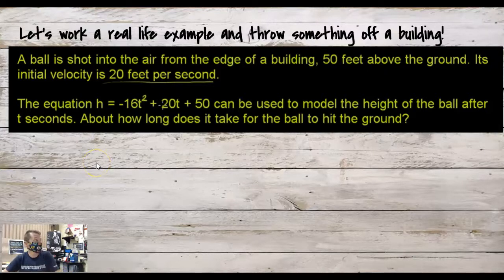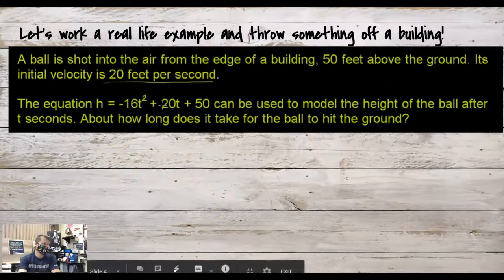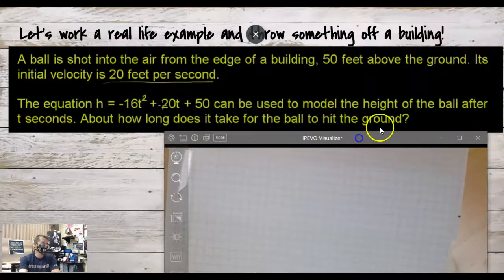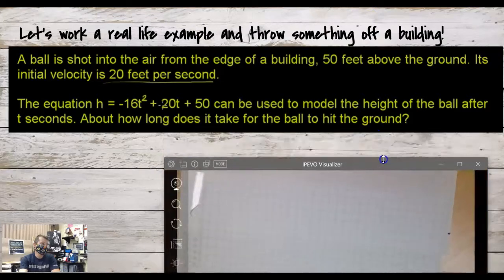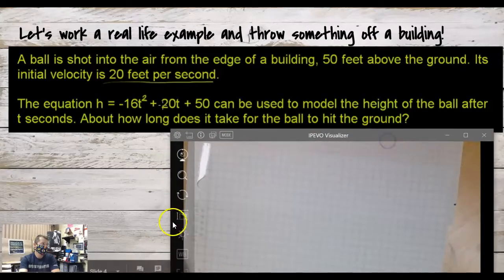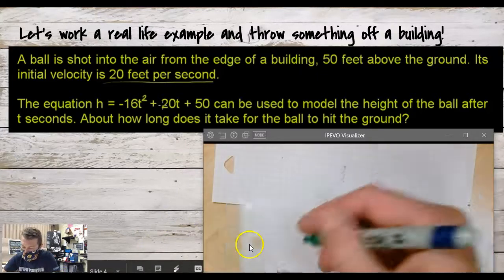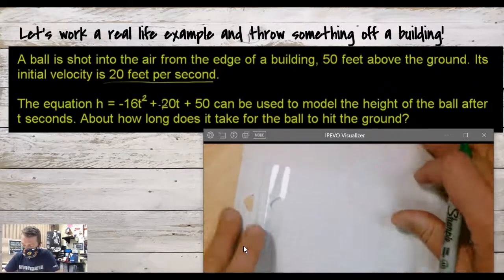So let's write down the things that we know in this situation. A ball is shot into the air from the edge of a building. You can think of this being our pumpkin if you want, but the building has an initial height of 50 feet. We're using feet. Come on, America. 50 feet above the ground, so initial height. So we're just going to write down what we know.